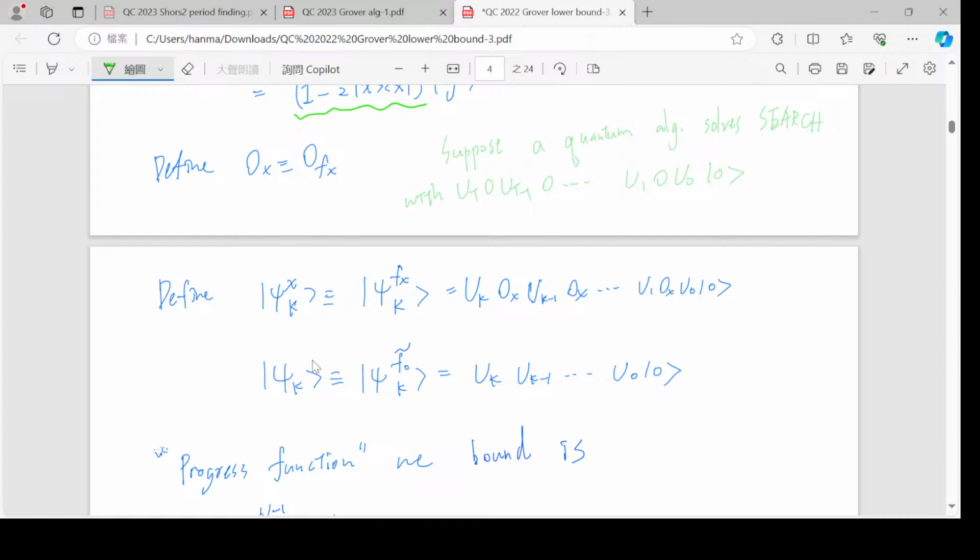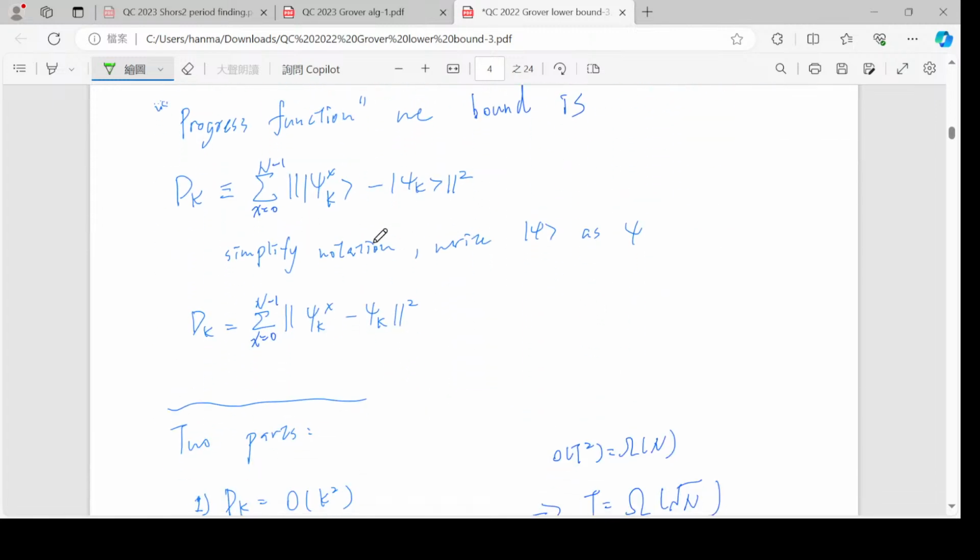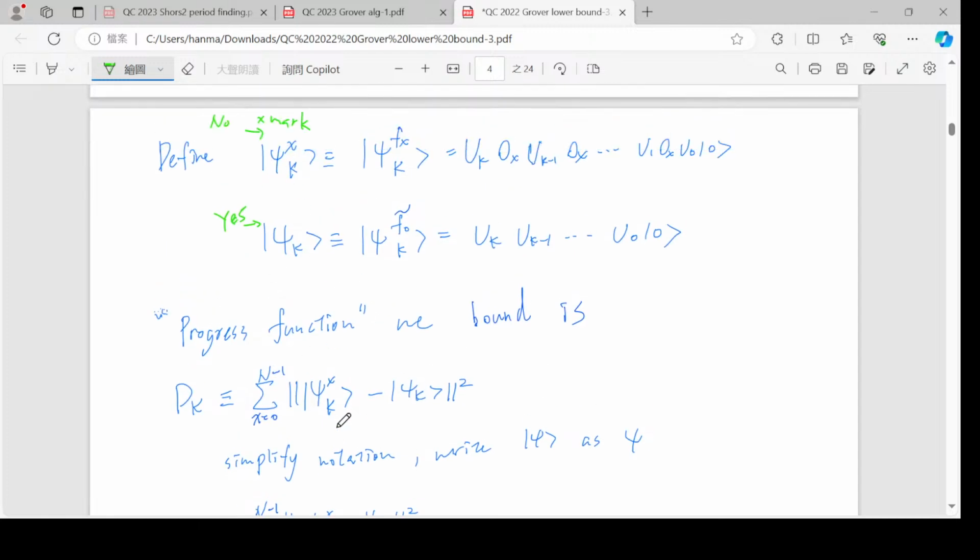Okay, so psi k corresponds to the yes instance, and this one is a no instance with x marked, both after k steps. And as we say, the progress function is the distance between those two things, summed over all possible x. So the distance between those two is the difference of those two vectors, norm squared, and you sum over all possible x, so x from 0 to n minus 1. Okay.